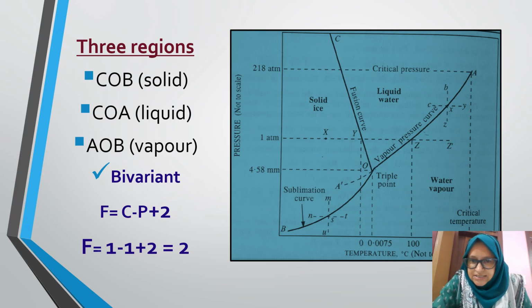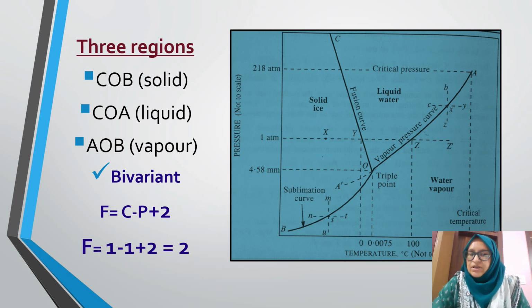The region COB shows the complete solid state because the temperature is below 0 degrees Celsius, and we all know that below 0 degrees Celsius water exists in the solid state. Then as we increase the temperature, the solid starts to liquefy, and we reach the stage COA, where solid is getting converted into liquid, and solid and liquid are in equilibrium with each other.